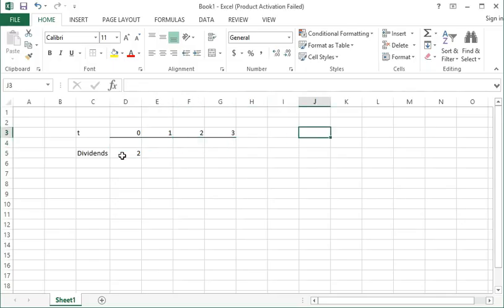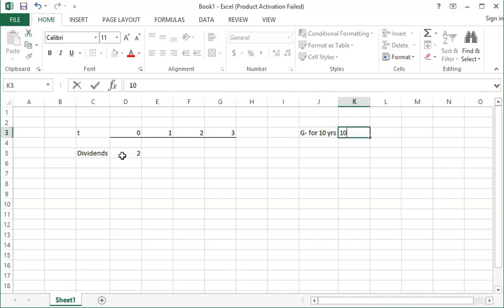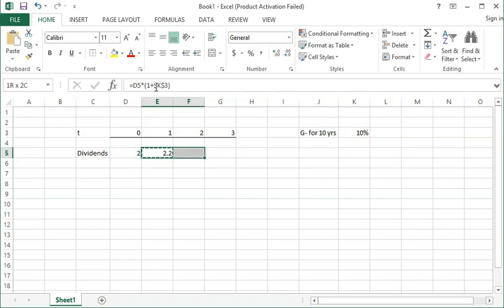So the growth rate for these years is 10%. I increase it at 10%, and I lock the cell because for all of these 3 years it will remain 10%.